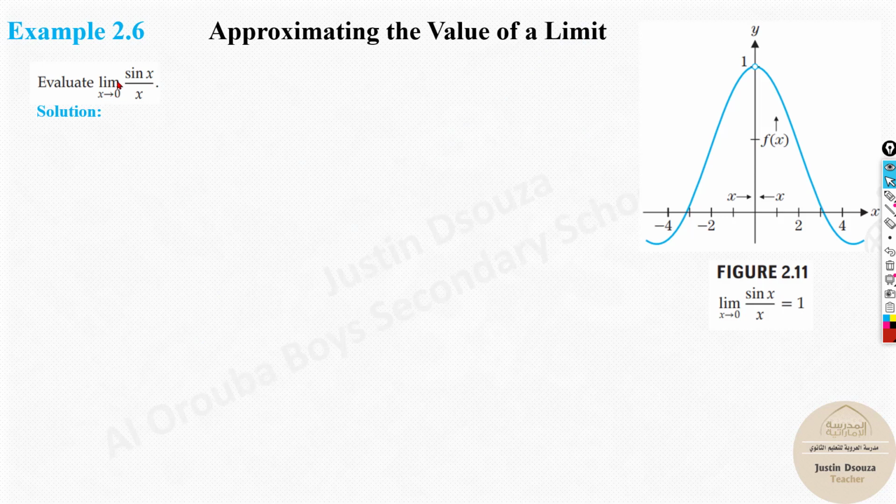So, approximating the value of a limit. Now we have over here the limit as x approaches 0 of the function sine x divided by x. Now if we directly put 0 in the denominator in the calculator, it's undefined, right? What is the answer?